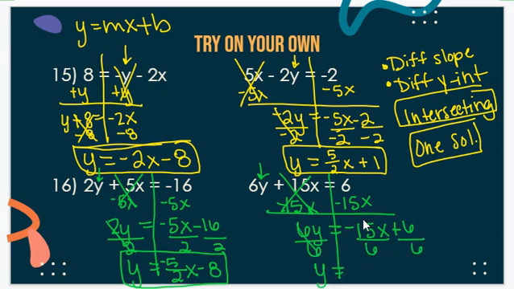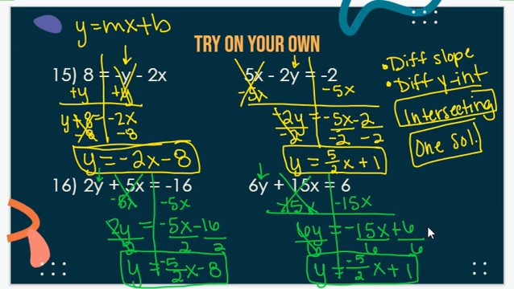And that leaves me with y equals negative 15 divided by 6. That doesn't reduce to a whole number, but we can reduce it because 3 goes into both of these. So 3 goes into negative 15, negative 5 times, and 3 goes into 6, 2 times. So negative 5/2 x, and then positive 6 divided by 6 is a positive 1.